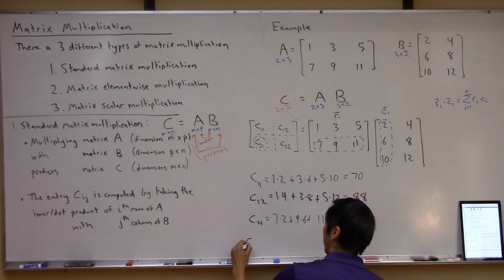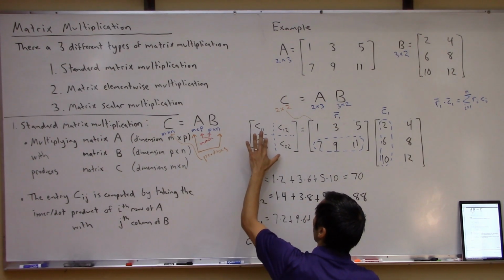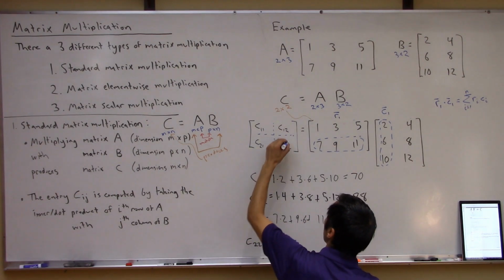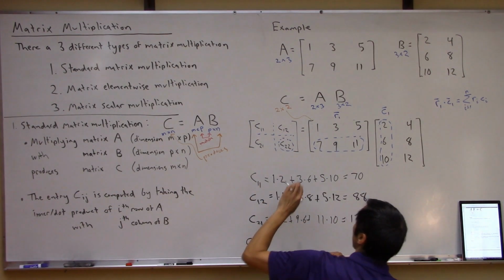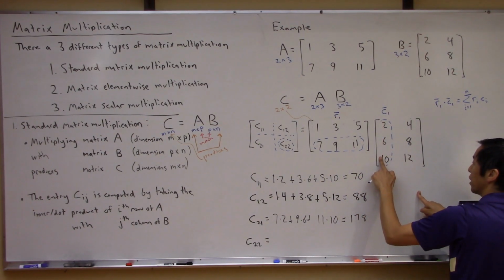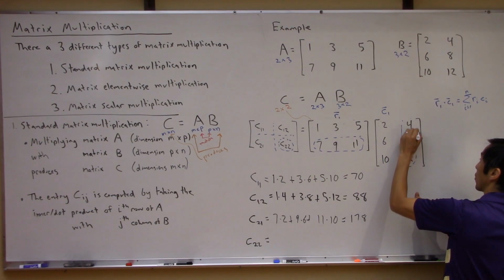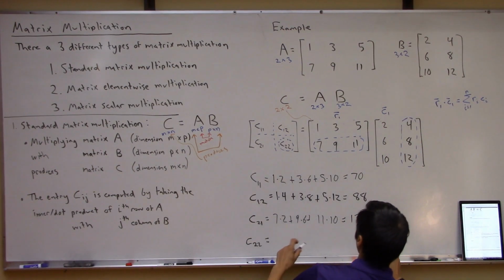And let's do practice for the last one just for the sake of completeness. So now we are focused on this element right here. I need the second row of A and the second column of B, so I got to change my outlining of what I'm dot producting. It's this one right here. So it's now what?